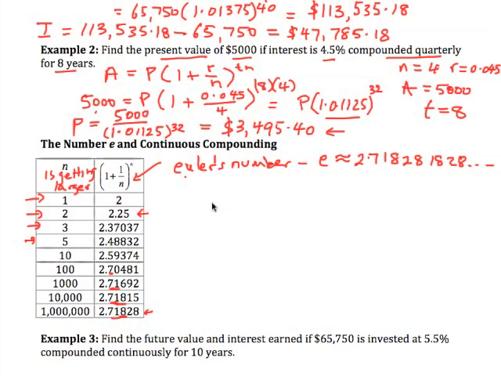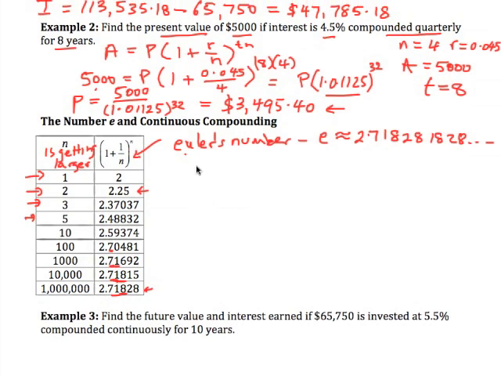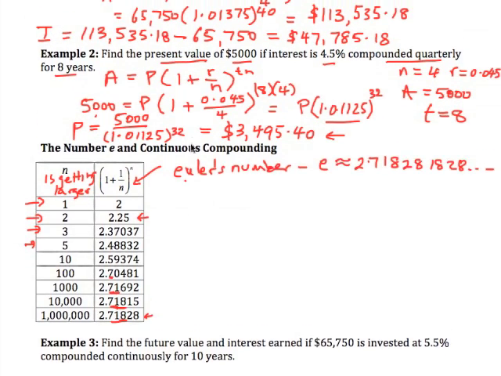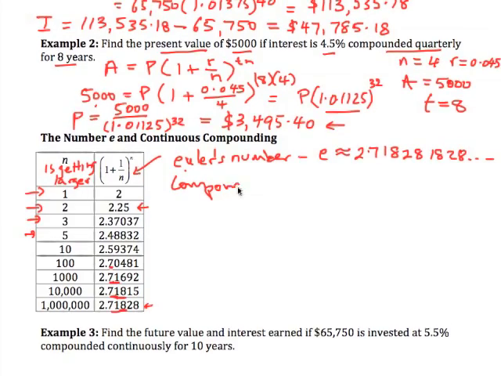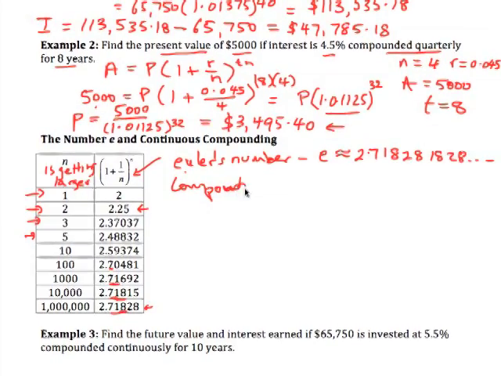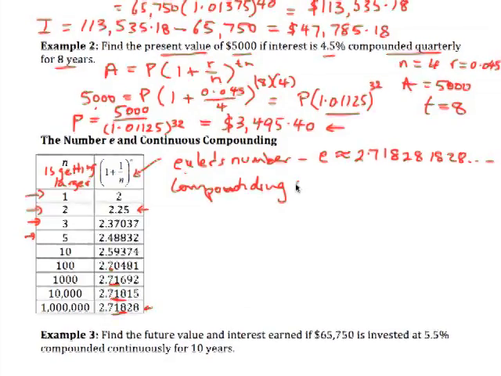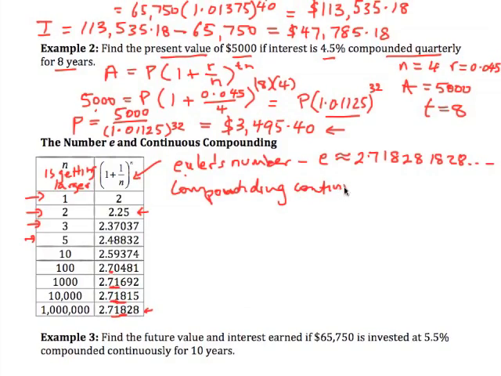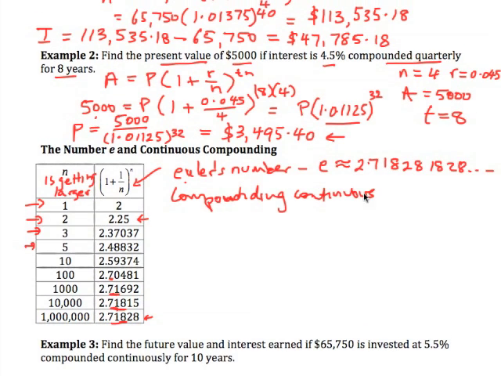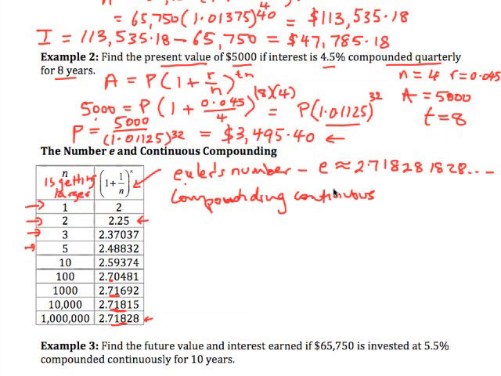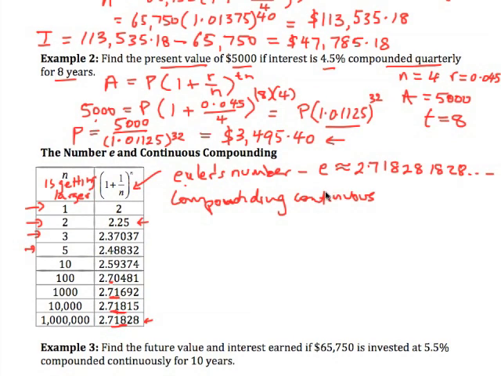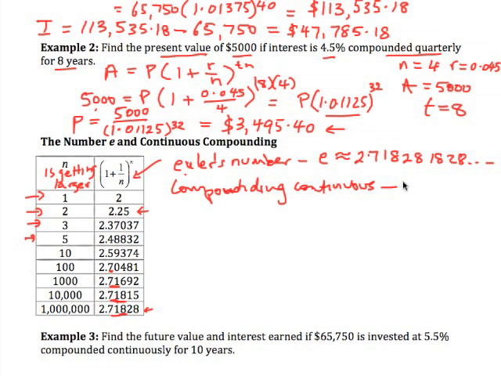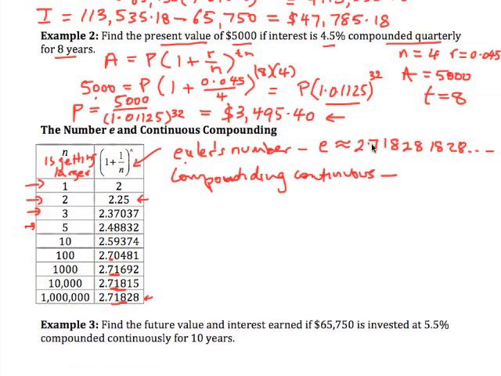Now, the interesting thing is when we apply this so that we are compounding continuously. We've talked about quarterly, that's 4 times a year. Monthly is 12 times a year. If we did it daily, that'd be 365 times a year, and so forth. But what if we did it continuously? We just kept compounding.